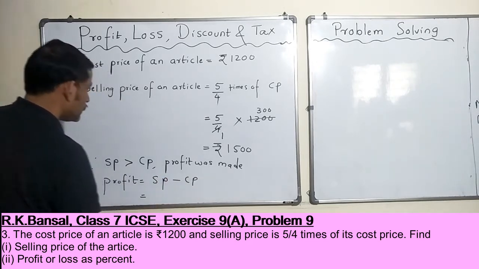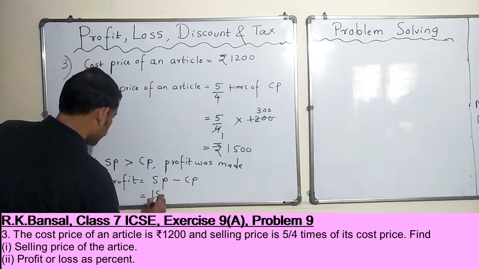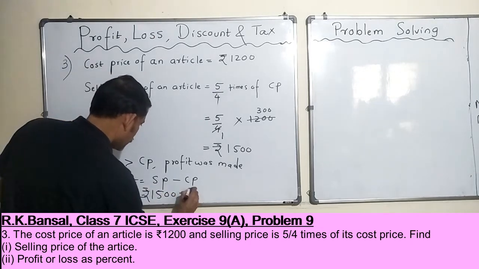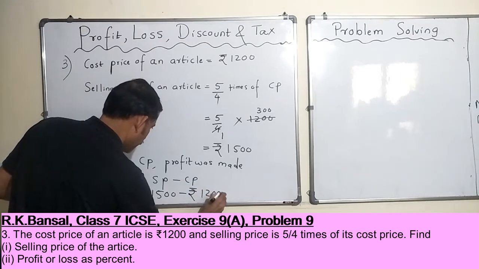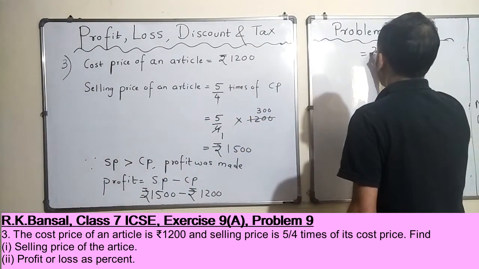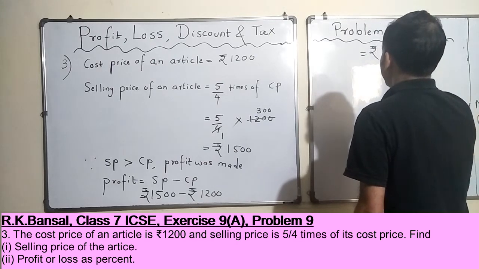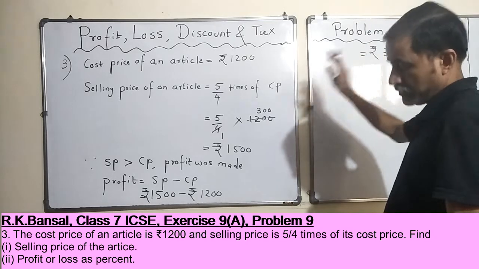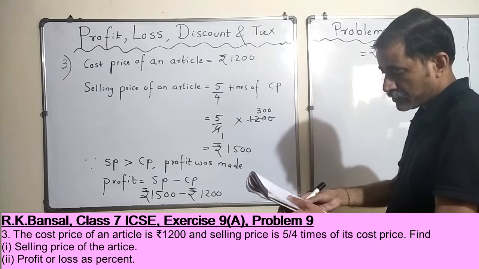Selling price is 1500 minus 1200, okay, is rupees 300. Okay, so profit of 300 rupees was earned by the vendor, whoever sold this article.